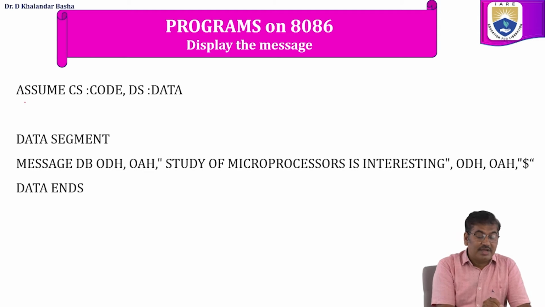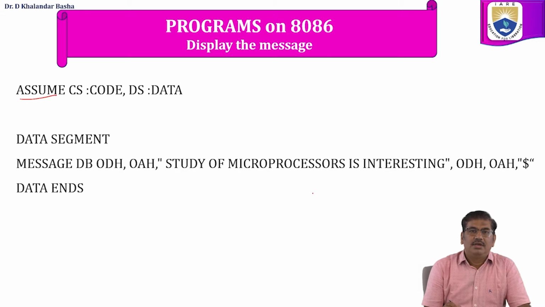For that we use the assume directive. So we require two segments, one for code and one for data. We write CS:code, DS:data, where code will contain the address of the code segment, and data will contain the address of the data segment. Now we will declare the data segment.